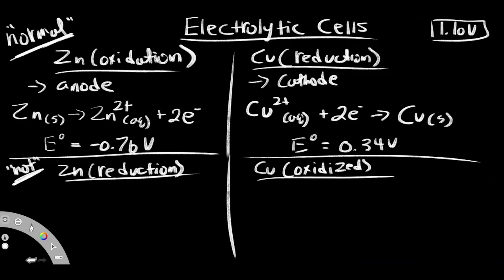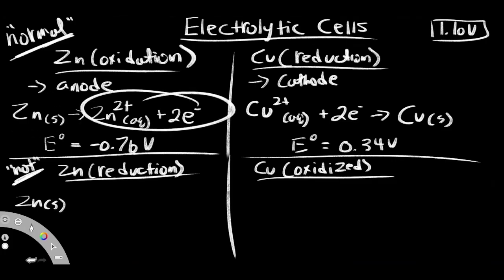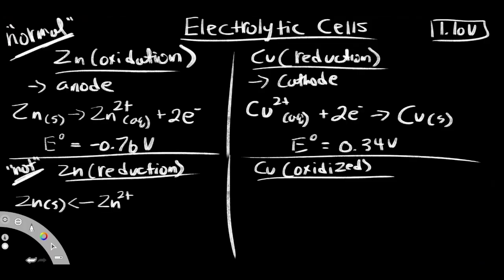So our Zn solid, which we had on the left side up here and was turning into its products on the right side, it's going to be the opposite. It's now going to go towards the Zn and start forming. So the whole thing just gets reversed.